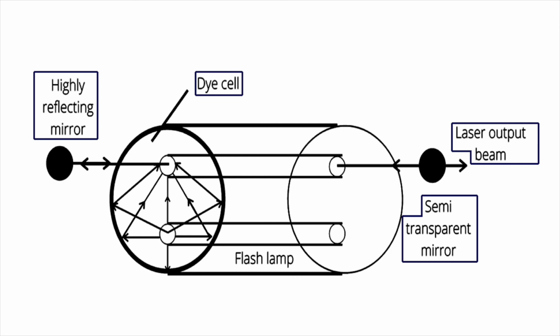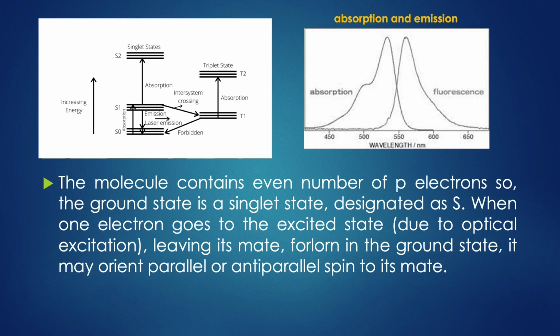This is because dye is a complex organic molecule with a large number of vibrational energy levels within the electronic energy level. On the left hand side, you see the energy levels of a dye molecule like rhodamine.